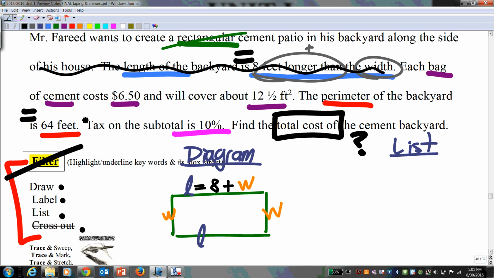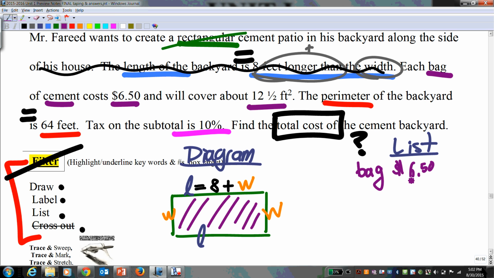Each bag of cement, so we're going to put cement on the patio. So there's our cement. Each bag of cement, that's not on my diagram, that's on my list. Each bag costs $6.50 and it covers 12.5 feet squared. So each bag is going to cover 12.5 square feet.